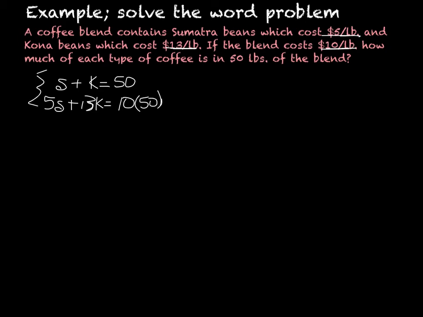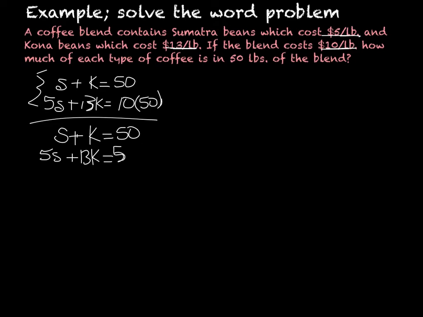All right, so simplifying that, we would get S plus K equals 50, and 5S plus 13K equals 10 times 50, which is 500. Now, in general, we could also solve this one using substitution, but in this case, I'm going to use elimination just to show you the other method.